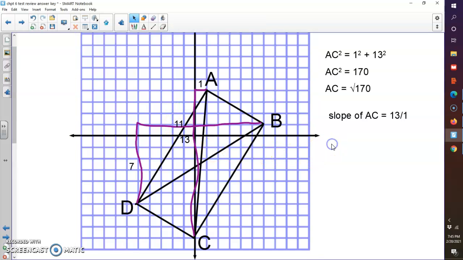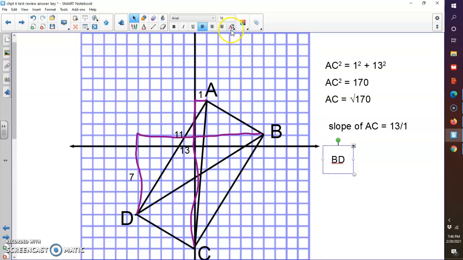So when I find that length of BD, we're going to use the Pythagorean theorem once again. So BD squared is going to equal 7 squared plus 11 squared.